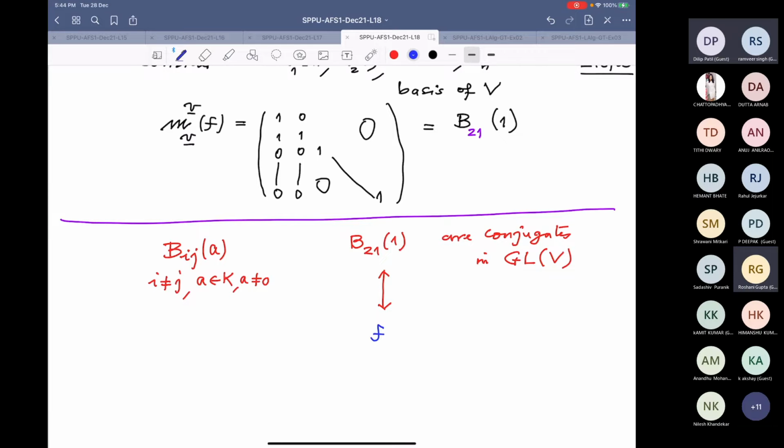This F is a transvection that we just got, and if you call that F i j, then these are conjugates. That means F i j equals G F G inverse for some G in GL(V). That is the statement I am saying. So this needs to be proved. So you prove it.